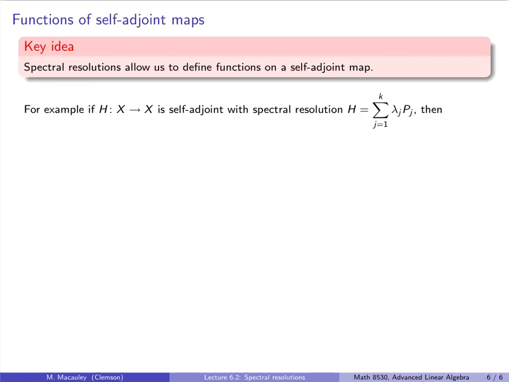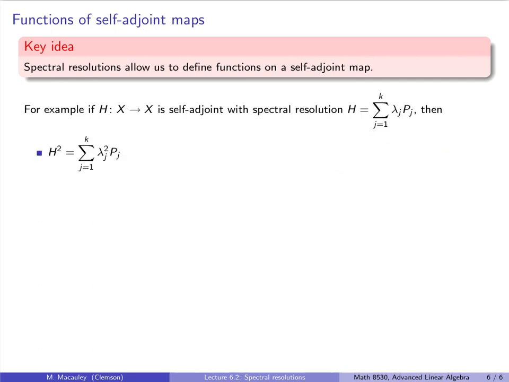So even though this is a nice compact notation, I personally like to write things as lambda 1 P1 plus ... lambda k Pk. For some reason, this is a little bit psychologically easier to deal with and think about than having this fancy sigma notation. But whatever works for you is great. I will stick with the sigma notation for at least the rest of this lecture, because I don't think any of this is going to be too difficult.